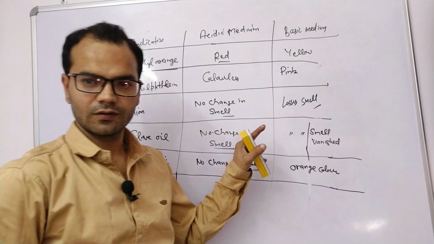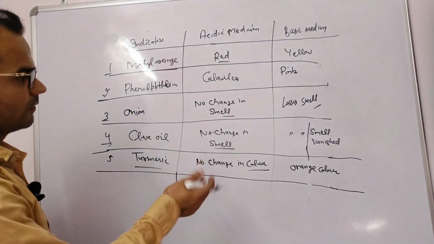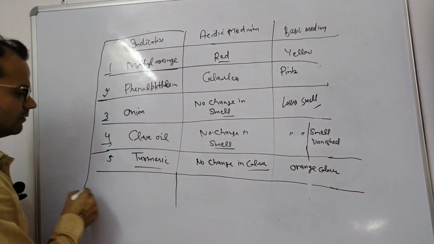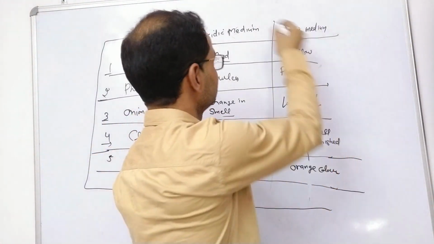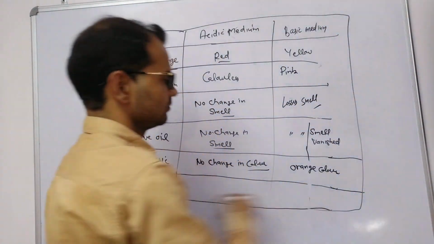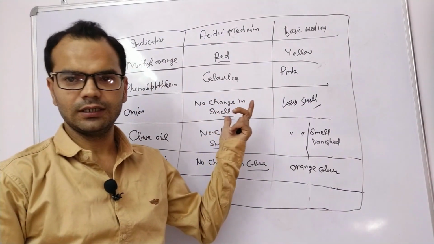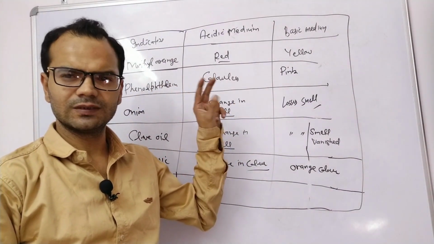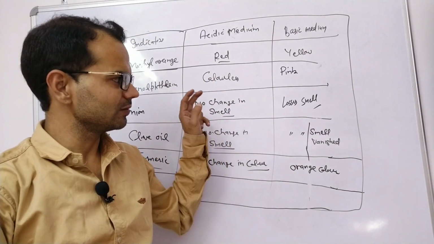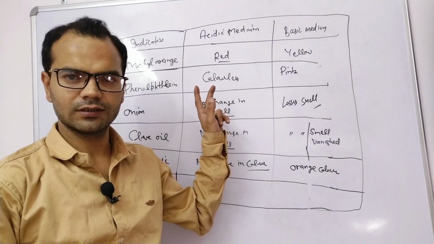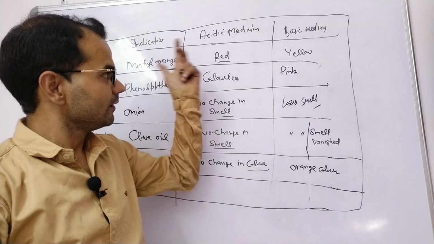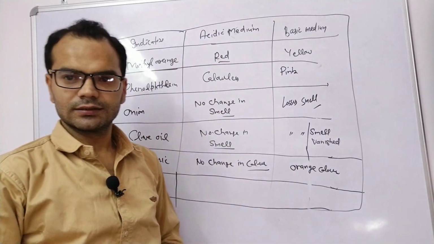Easy. So at least you can remember these 5. We can add even red cabbage and litmus. Litmus paper is very easy, so you can simply remember it. Clear? That is the complete knowledge of indicators.